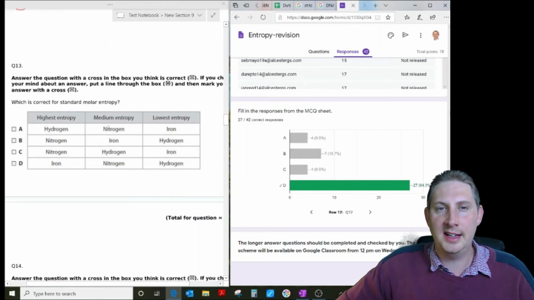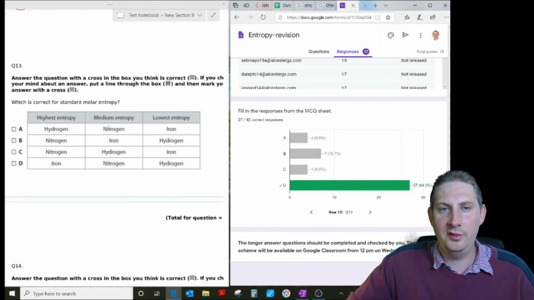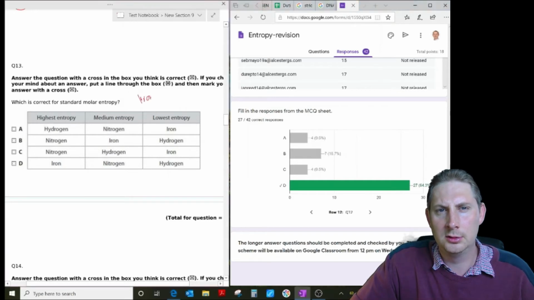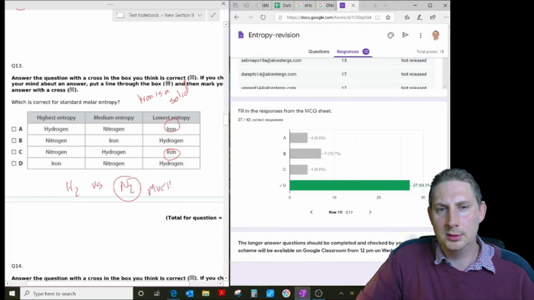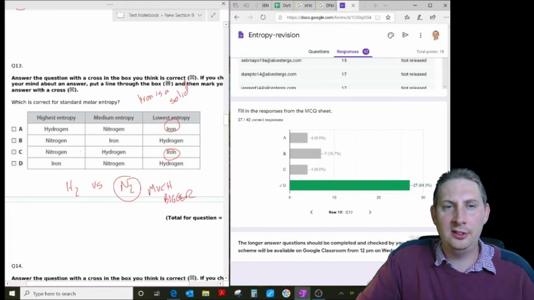Which is correct for standard molar entropy? Right. First thing to realise is that iron is a solid. So the lowest entropy out of these is definitely going to be iron, so it's A or C. Out of H2 versus nitrogen, this is much bigger, and so therefore it's going to have far more entropy.